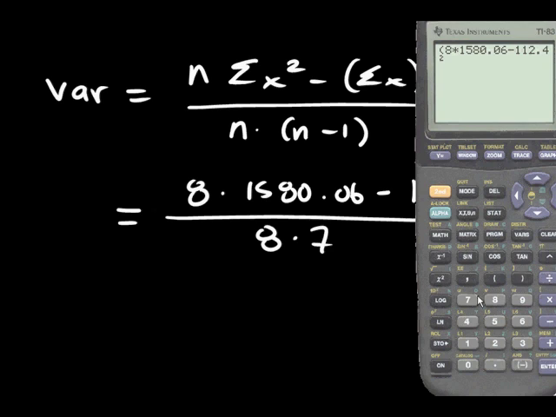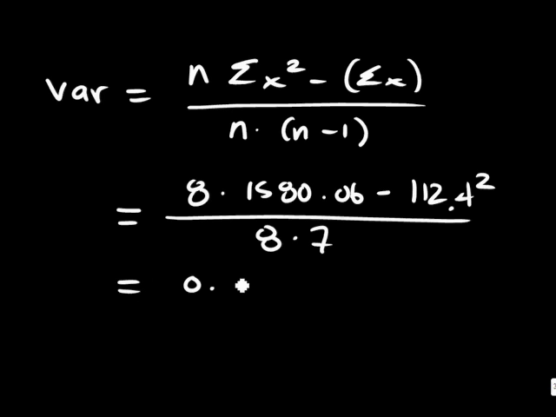This will give us our variance. The variance here is 0.12. Now remember, the standard deviation is what we're looking for. Standard deviation is the square root of variance.